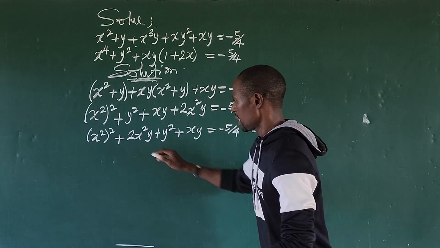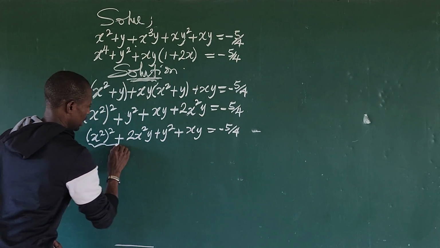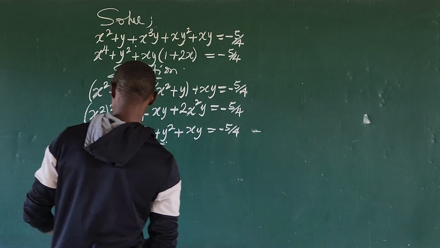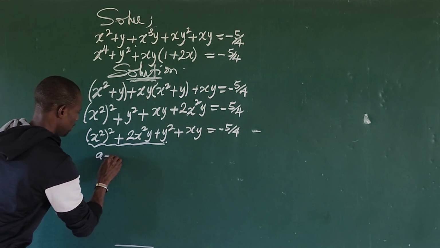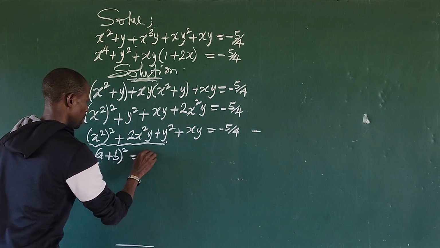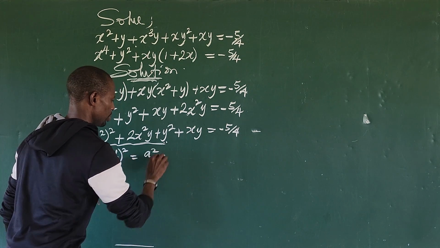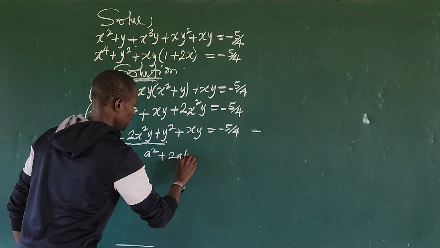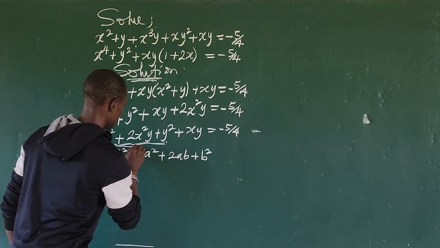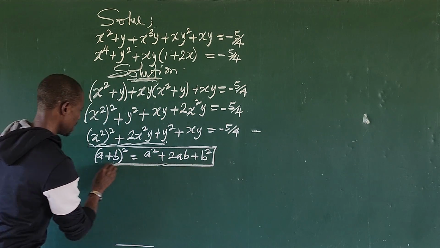Again, we look at this. Take a critical look at this expression we have here now. Remember our algebraic identity, which says that if you have a plus b all squared, this is equal to a to the power of 2, plus 2ab, plus b squared. Now let's look at this carefully.